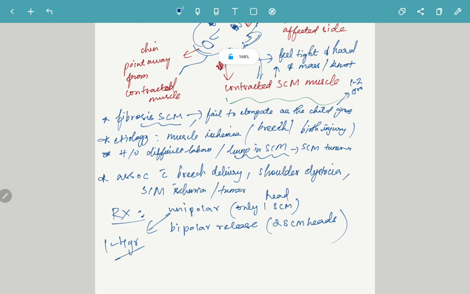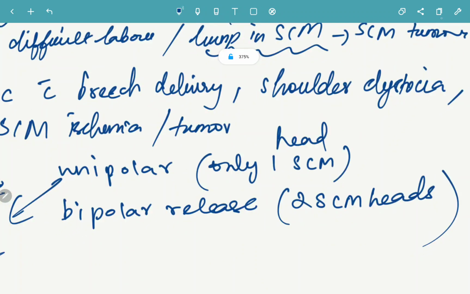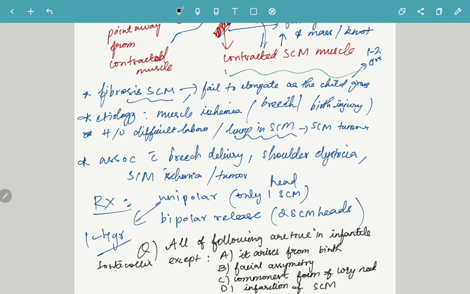Now let's solve a few questions regarding this topic. All of the following are true in infantile torticollis except: option A, it arises from birth; option B, facial asymmetry; option C, commonest form of wry neck; option D, infarction of sternocleidomastoid. Facial asymmetry and plagiocephaly are true. It is the most common form of wry neck, also true.